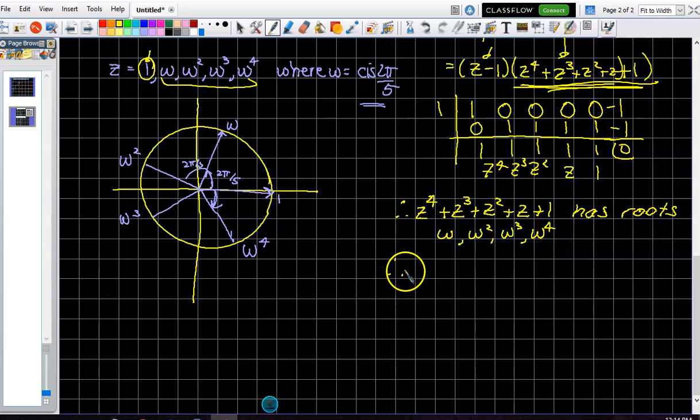Therefore, this thing here must equal z take w, just like we said 1 was a 0, therefore z take w was a factor. Well, this would be z take w squared, z take w cubed, and z take w4. Oops, w4, I just wrote 4. No, I have to redo that.